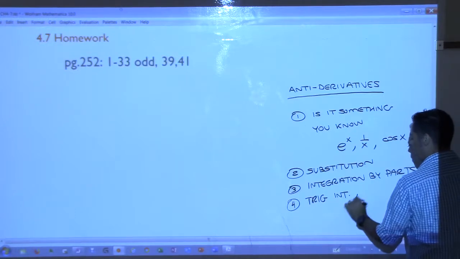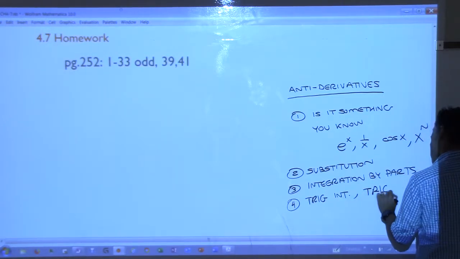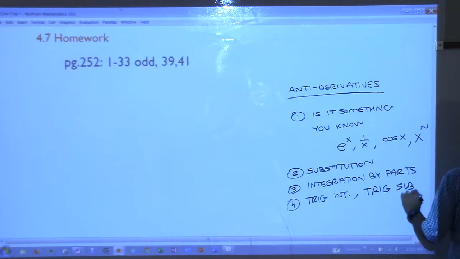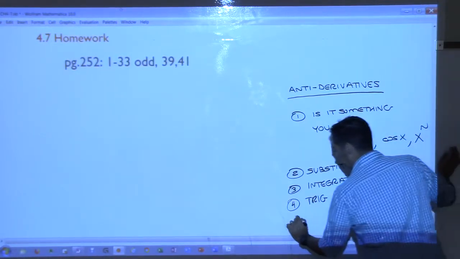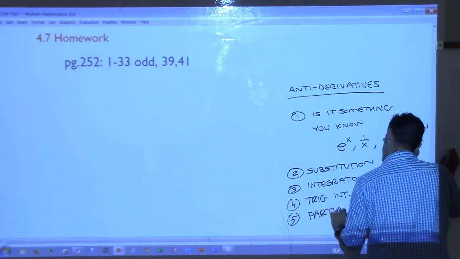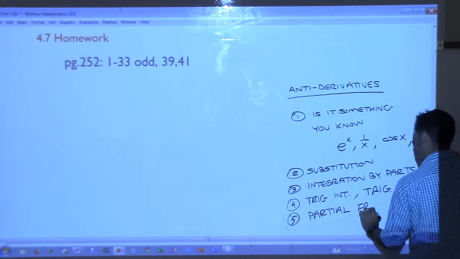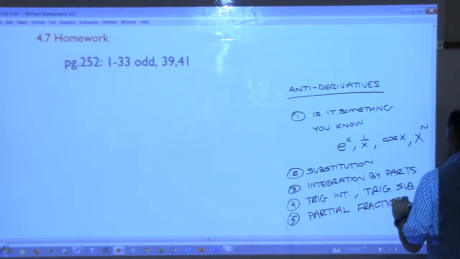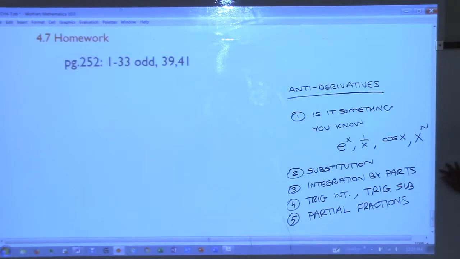Then we'll have this monster, something called trigonometric substitution. After that, we'll have partial fractions, or partial fraction decomposition. I'm just going to say partial fractions. So in a nutshell, for the next few weeks we are going to be trying to find antiderivatives, and we are going to be trying to use these sorts of approaches to do them.